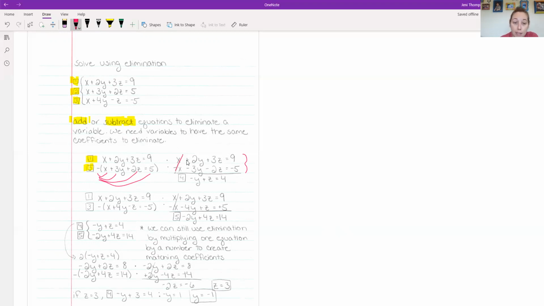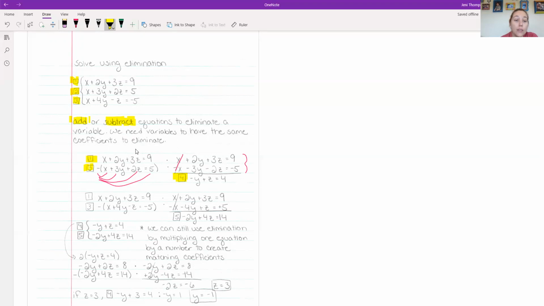And then I'm going to combine the rest of these. 2y minus 3y, well, that's a negative 1y. 3z minus 2z, well, that's a positive 1z. 9 minus 5 gives me 4. So now I've got another equation. I've labeled it equation number 4 that I can work with.